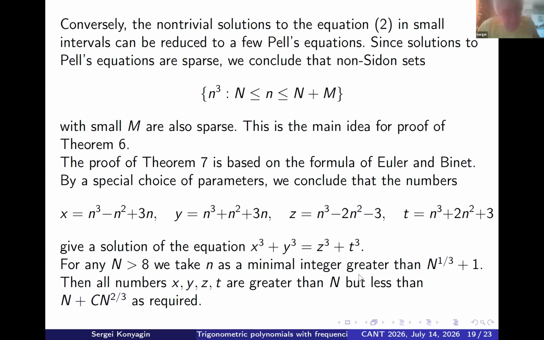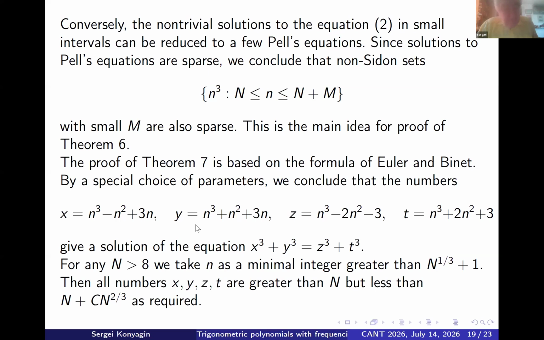This gives the proof of theorem 7: for any large capital N, we take a minimal integer greater than this, and then all numbers greater than but less than n plus some constant times n to 2/3 are required in theorem 7.